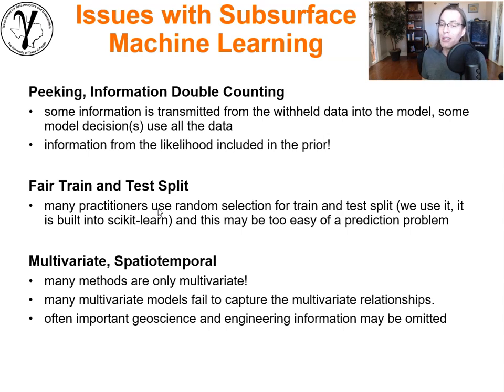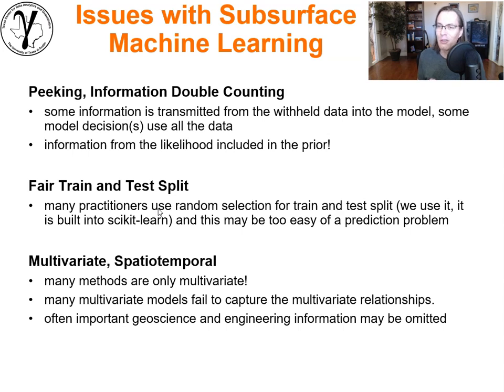But what we really want to do with that model in reality is make predictions a kilometer or half a kilometer away from existing data. Those are two completely different problems. And so we must make sure a fair train and test split means that the estimates at the withheld test data locations are just as hard as the real-world use of the model, or just as easy.